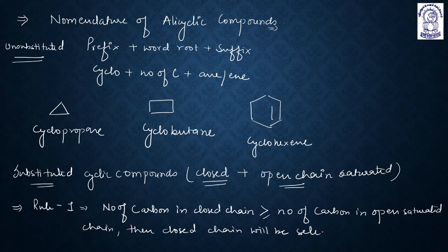Like for example, this is the side chain, this is the 1, 2 or 3. On first carbon you are having a side chain. The number of carbons in the substituent is lesser in comparison to the closed chain. 1-methylcyclopropane.